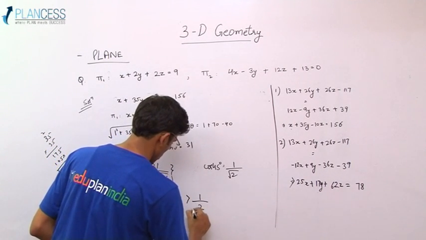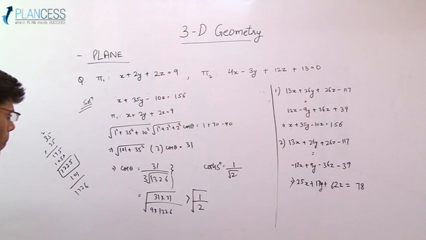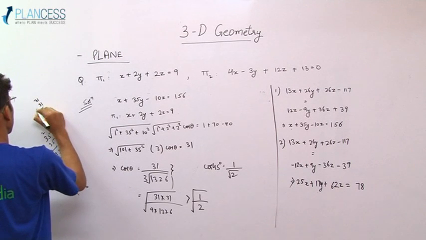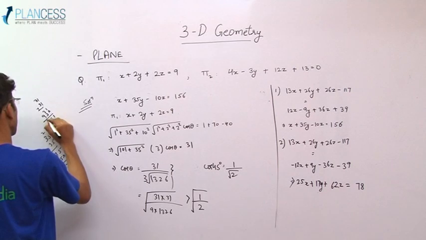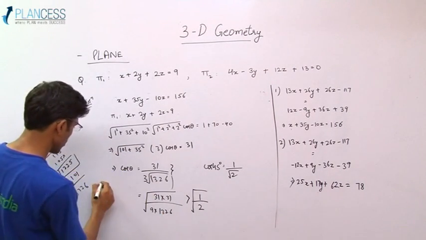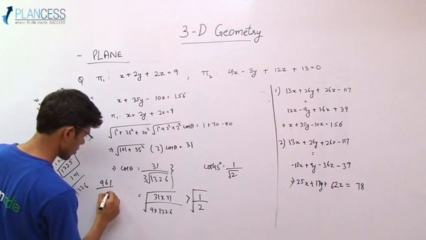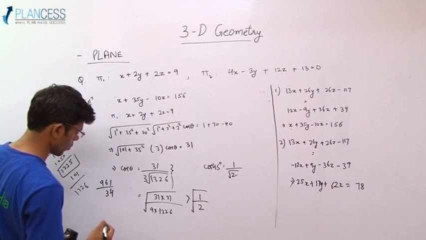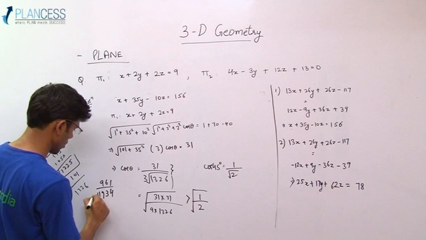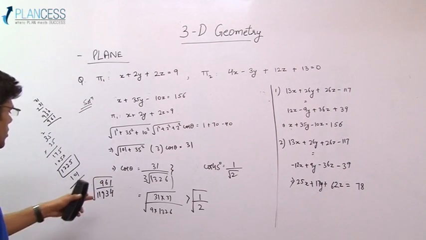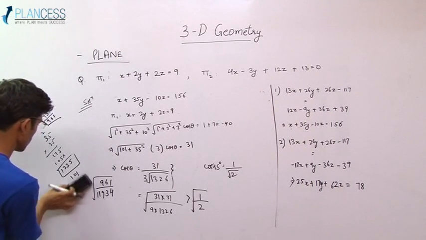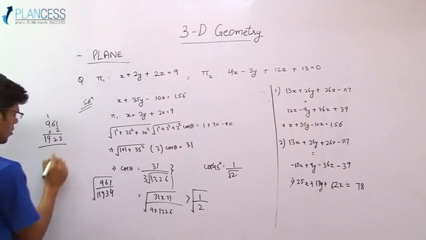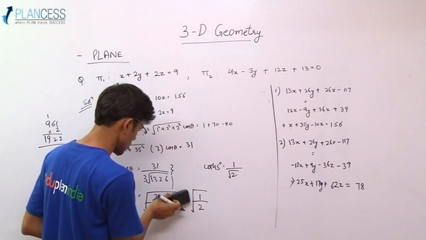Is this greater than 1 by root 2? Since 31 into 31 is 961, and twice of 961 is larger, clearly this is less than 1 by root 2.